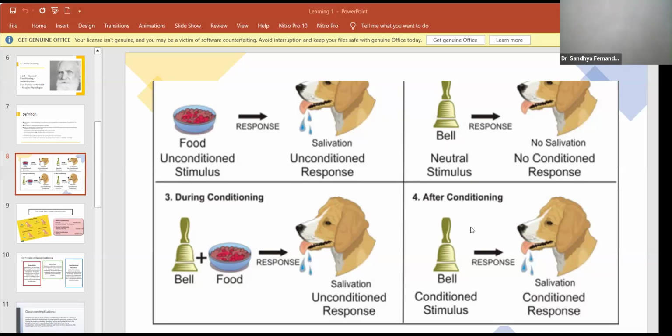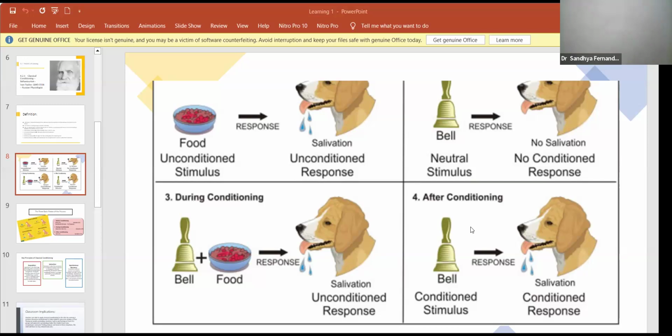Now, after repeatedly offering food with the bell sound, the dogs actually started salivating to the sound of the bell. Initially, they did not salivate to the sound of the bell. It was a neutral stimulus. But after repeatedly bonding, associating the neutral stimulus with the unconditioned stimulus, the naturally occurring stimulus, what happened?